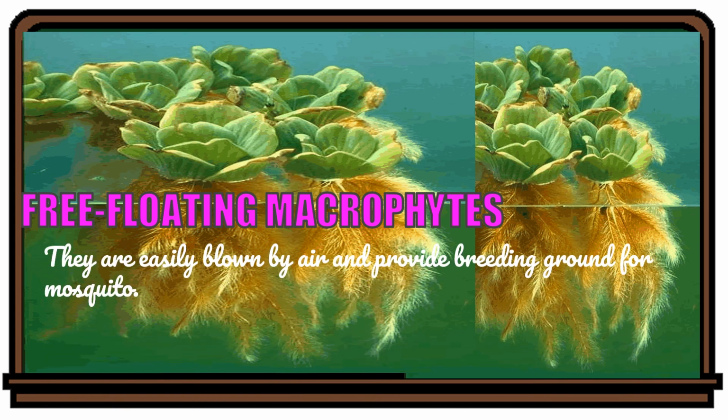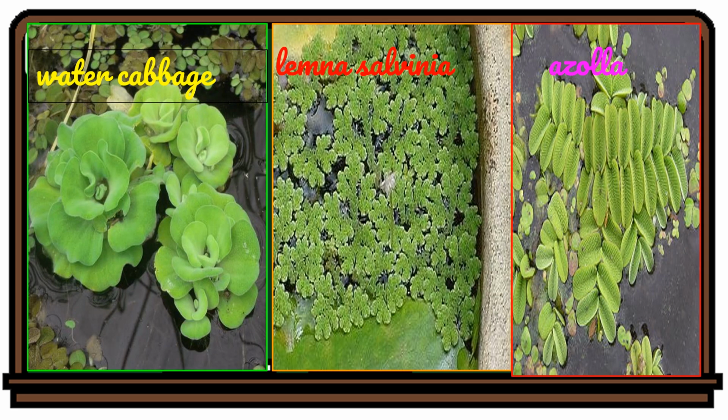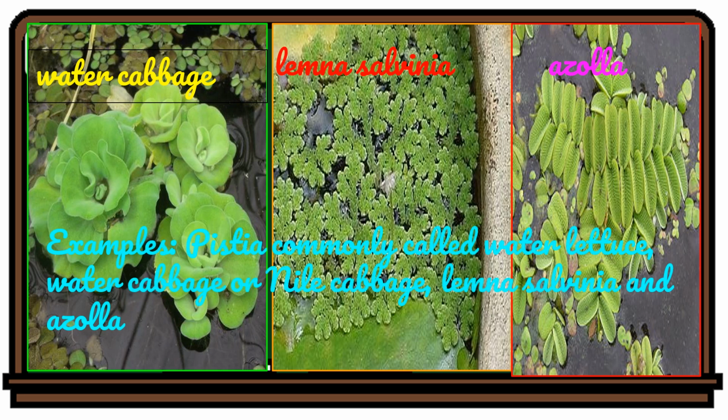They are easily blown by air and provide a breeding ground for mosquito. Examples of free-floating macrophytes are Pistia, commonly called water lettuce, water cabbage, or Nile cabbage, Lemna, Salvinia, and Azolla.